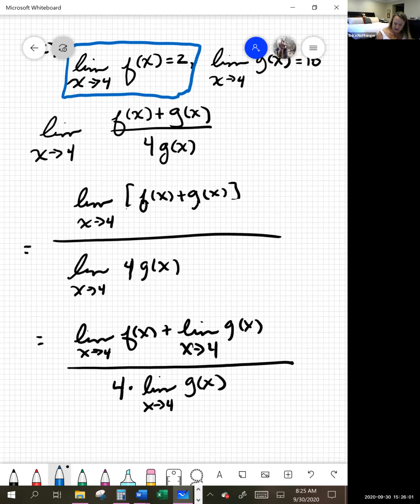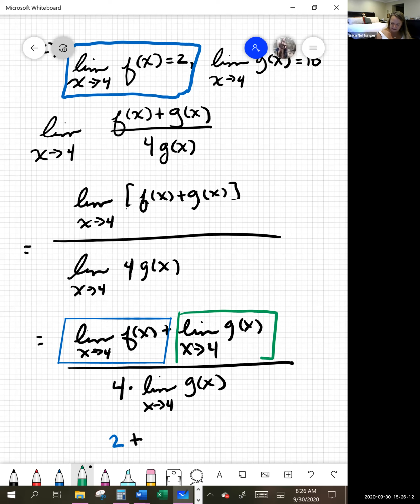So this piece right here is 2 plus, and then we also are given the limit as x approaches 4 of g of x, and that was the 10.